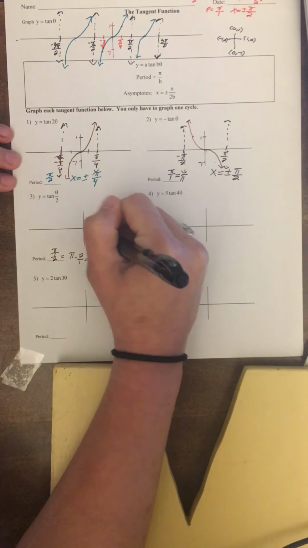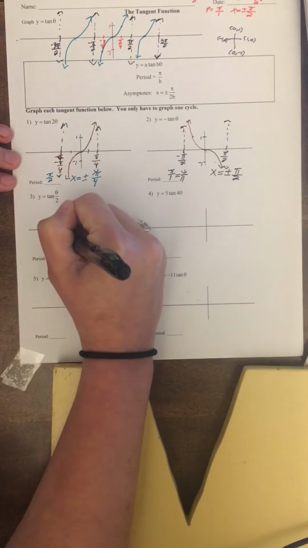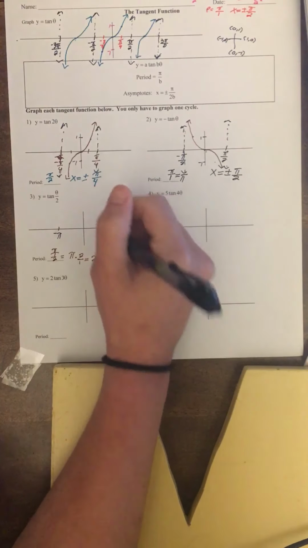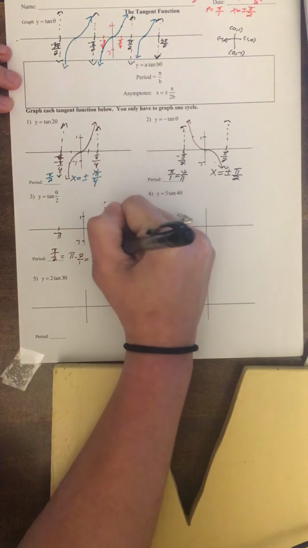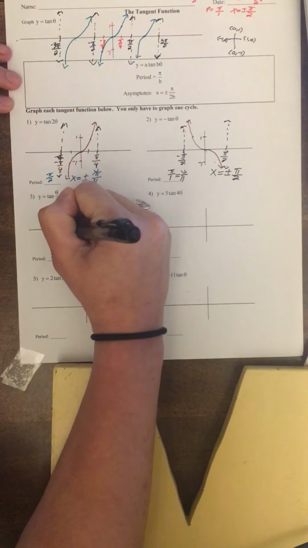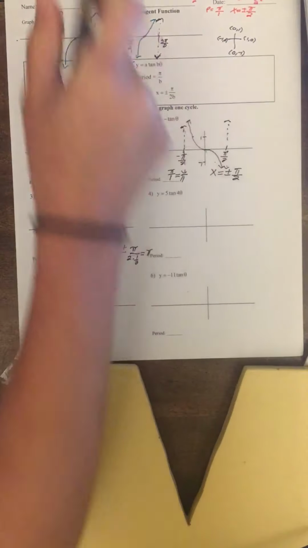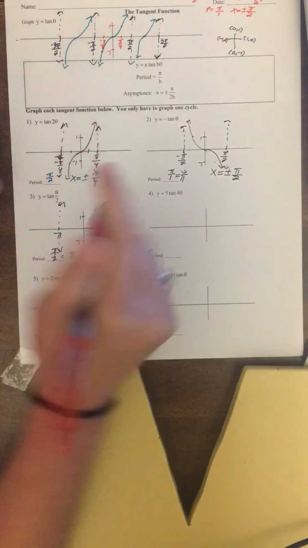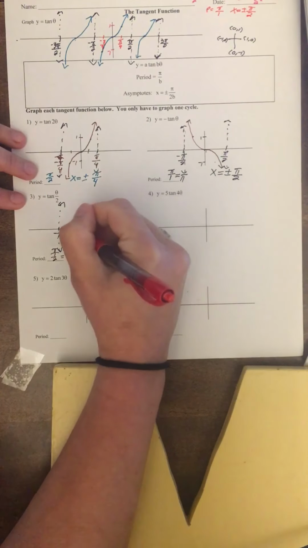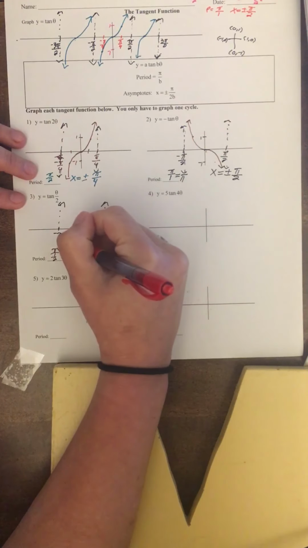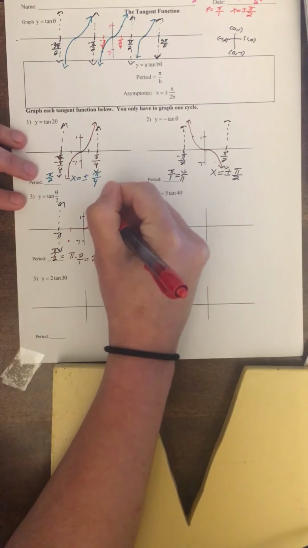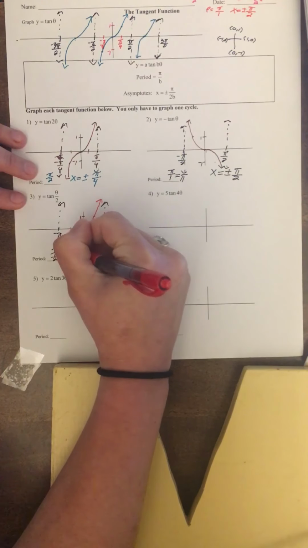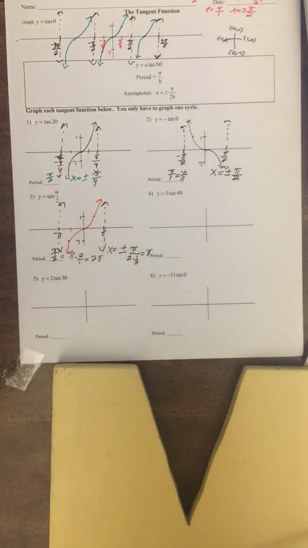So we have pi here, negative pi here. Okay. Halfway. Okay, and it's going to be the same for all of those for tangent.